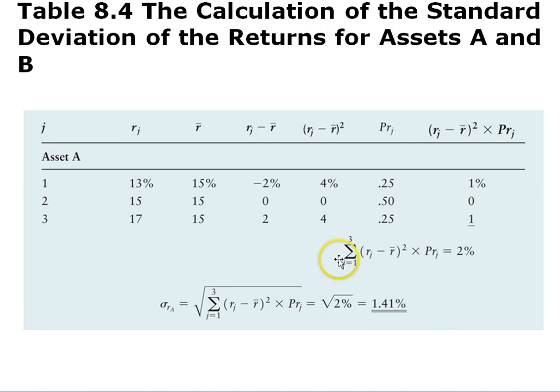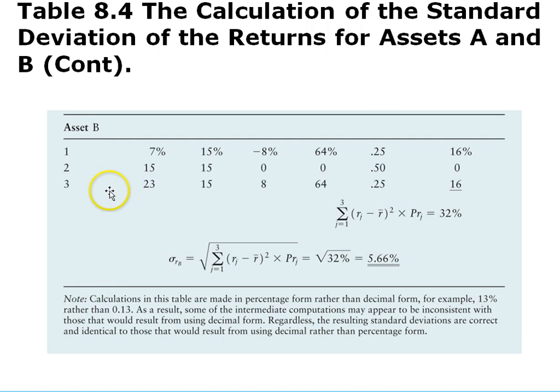And if we find the sum of that function, which is 2%, the square root would be 1.14, the standard deviation for asset A. If we look at asset B, following that same model, we get a standard deviation of 5.66.